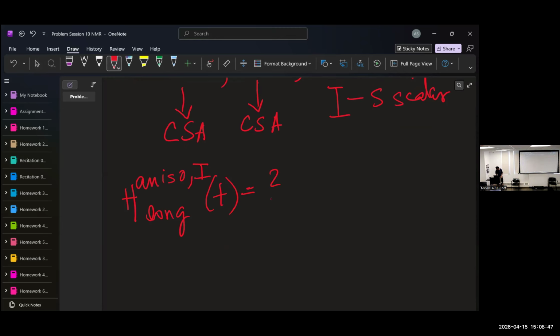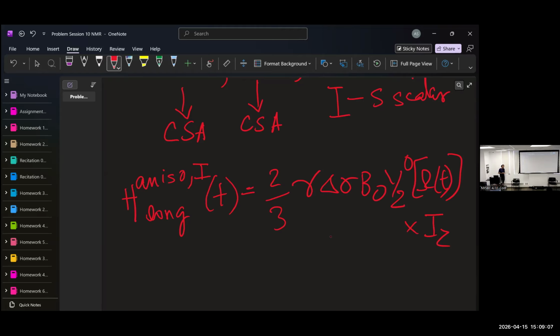You have 2/3 gamma delta sigma B naught Y20 of capital omega of t times Iz. Which of these terms will be different for I and S? The gamma will be different?